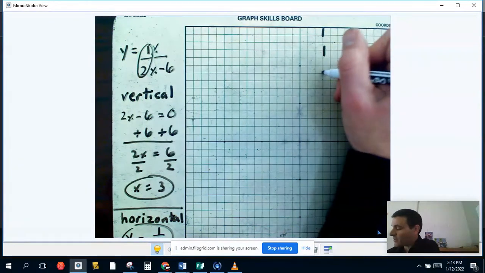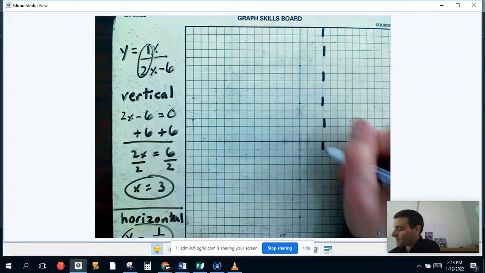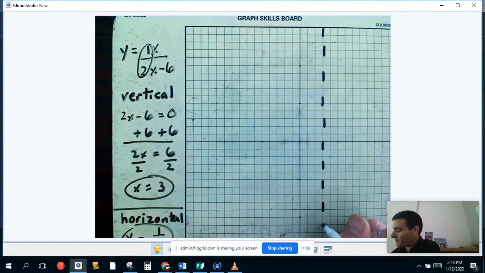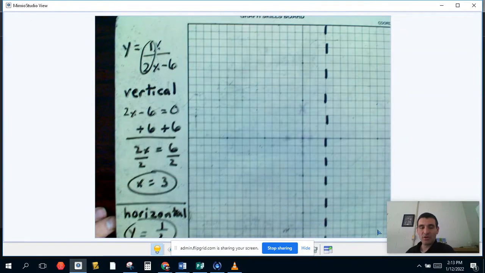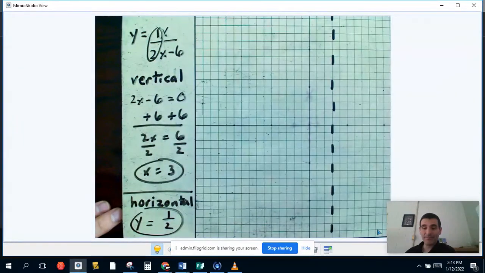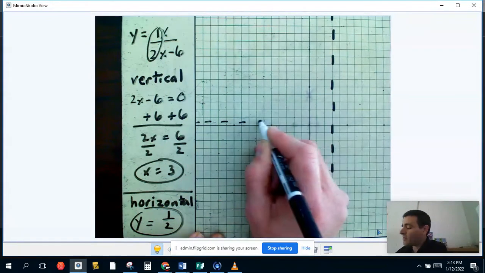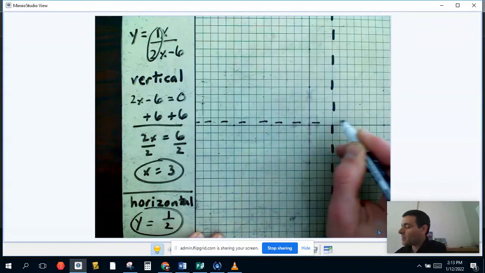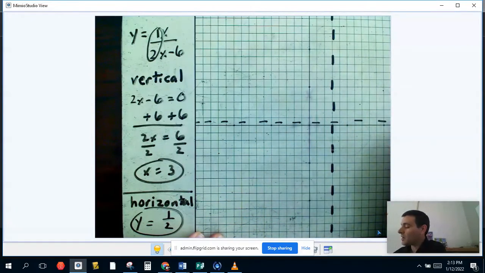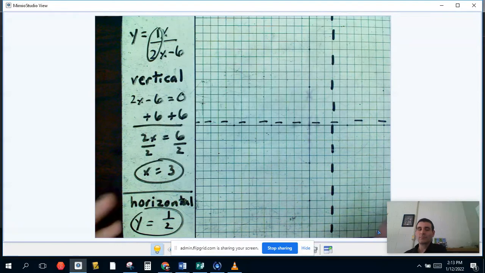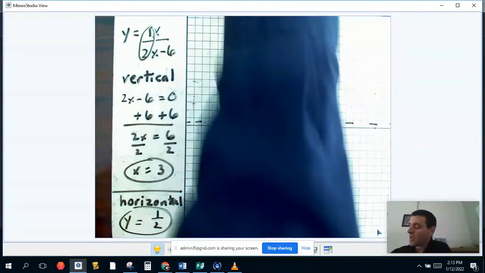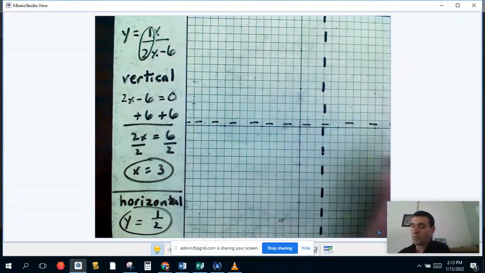I'm going to put a vertical line, and I'm going to dash that line. The reason I'm dashing that line is because it's not actually part of the graph. It's just a sketching aid. So x equals 3 is a vertical line, vertical asymptote. Horizontal line, y equals 1/2. So I'm going to go 1/2 above, like this. Okay? So notice that this is 0, this is 1, so we're at 1/2.